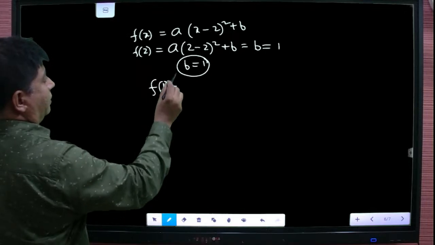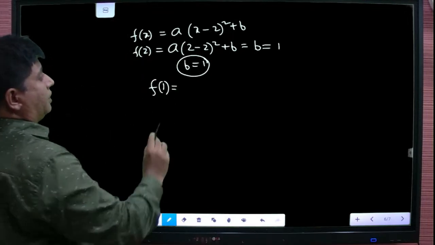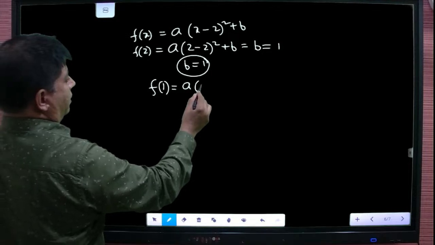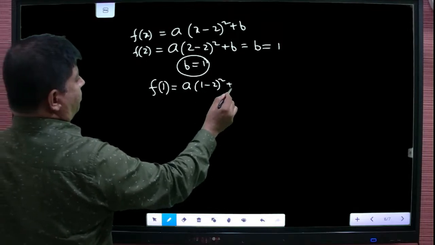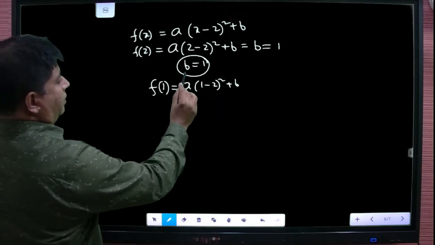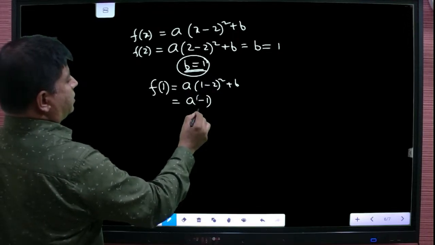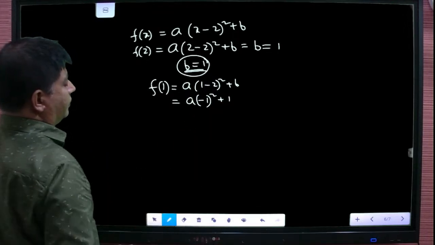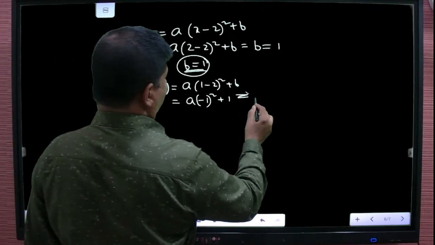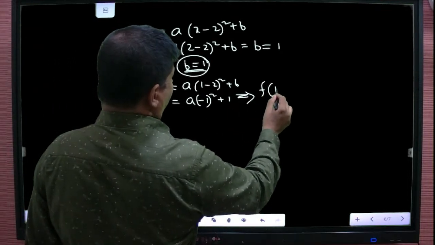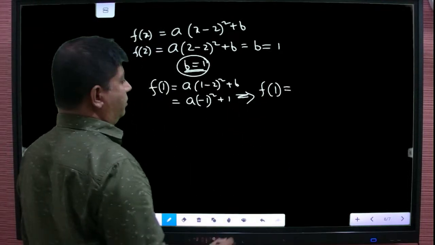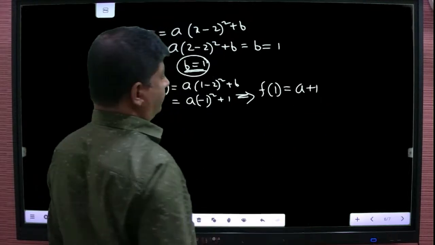Now f(1): put 1 in place of x, a(1 minus 2) whole square plus b, and b is 1 now, so a(minus 1) whole square plus 1, which gives f(1) is equal to a plus 1.